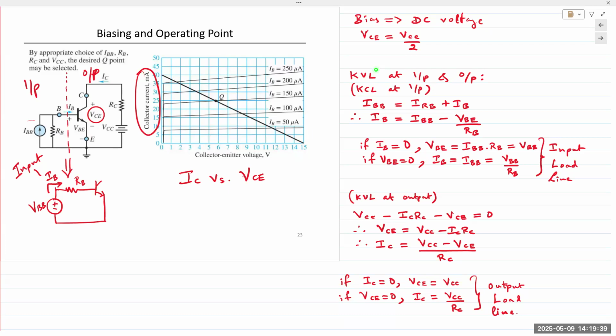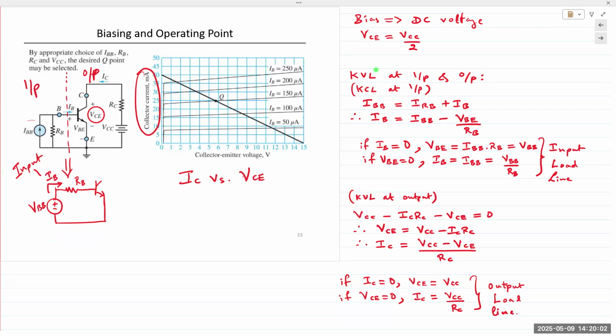Now, before I begin this explanation, I want to point out something. The author uses a current source, IBB, times RB. A current source will have a resistor in parallel, and a voltage source will have a resistor in series. So with source transformation, you can transform a current source into a voltage source.